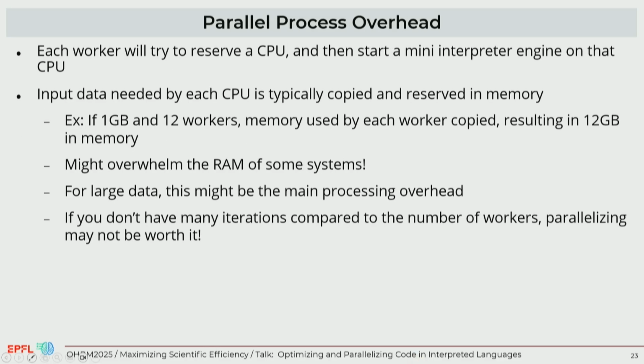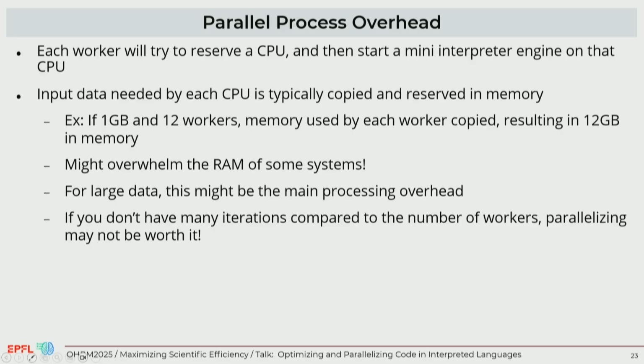And lastly, just summarizing the overhead that you need to look out for here. Each worker, to start, is going to try to reserve a CPU and then start a mini interpreter engine on that CPU. And then second, any data that all of those parallel processes need are typically going to be copied to each worker.